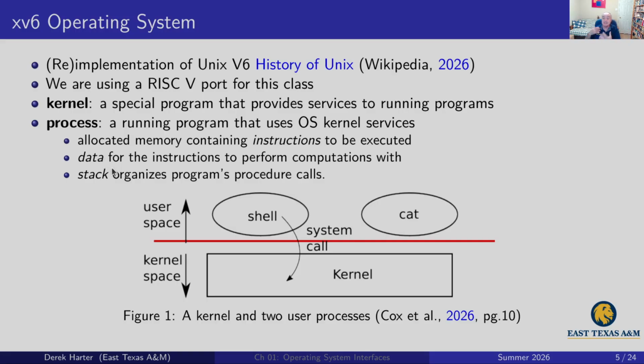A process consists of allocated memory that contains instructions, and allocated memory that has data for those instructions to perform computations on. And there are other structures, like a process stack or function call stack. There's also a system stack that is owned by the kernel. In general, the hardware has to support a split between a kernel mode and a user mode.